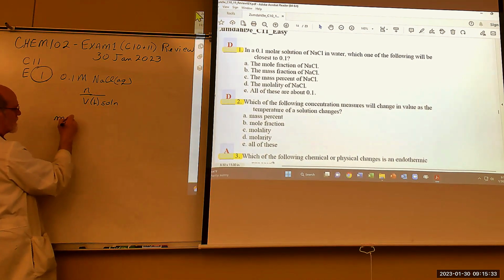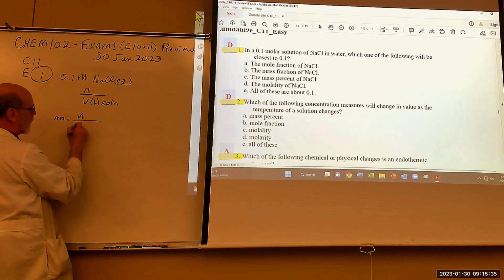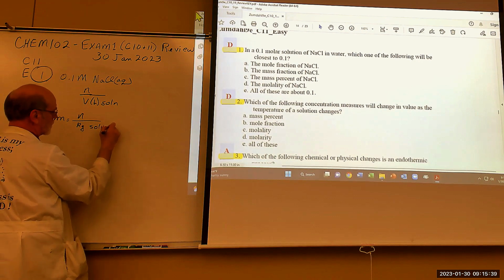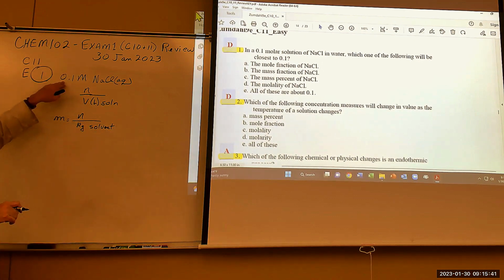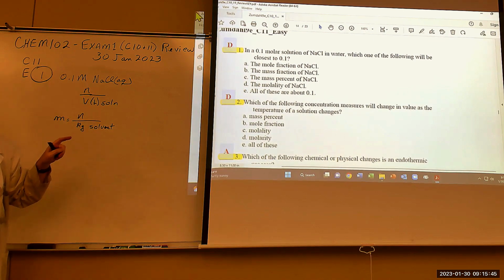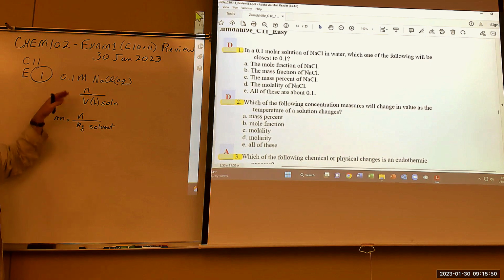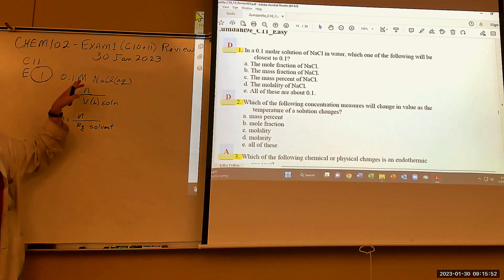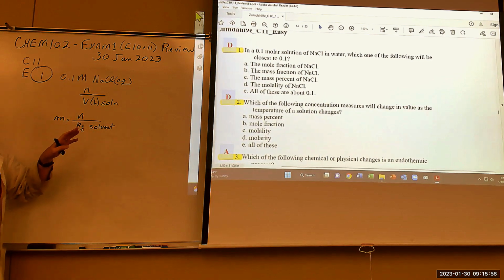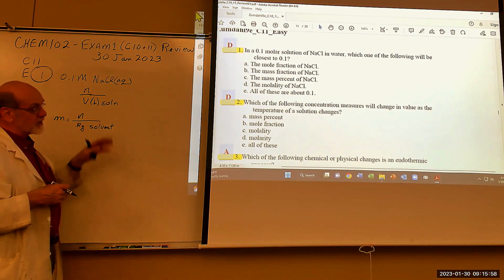And molality is moles per kilogram of solvent. When the solution is really dilute like that, these are virtually equal, right? Because 1 kilogram of water is 1 liter, right? And if you got just a tiny amount of sodium chloride in there, it doesn't change that value much. So your safest bet is to go with molality.